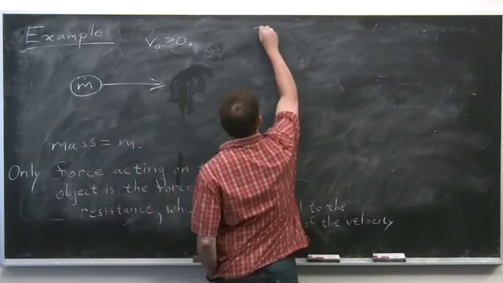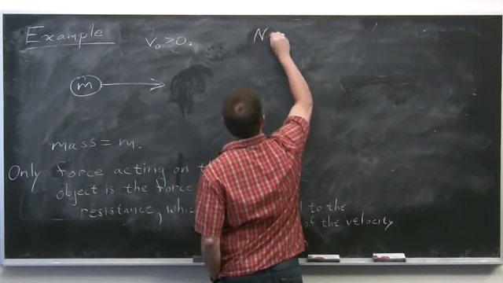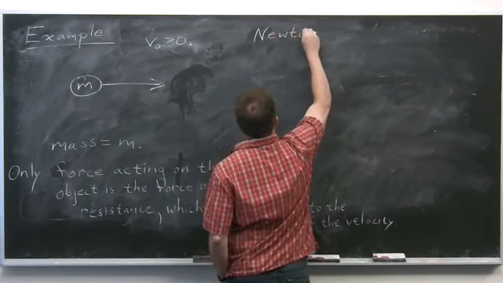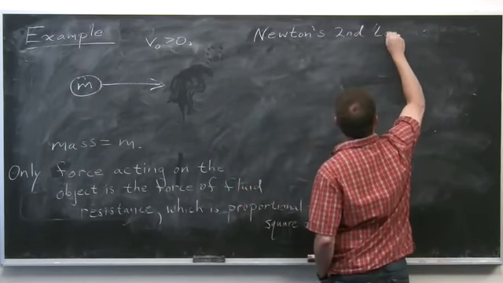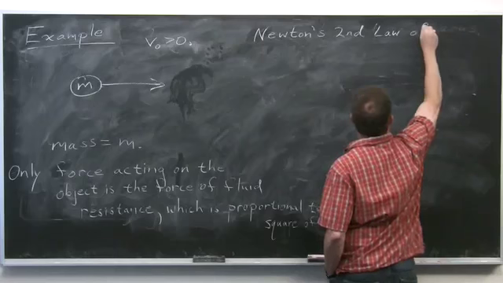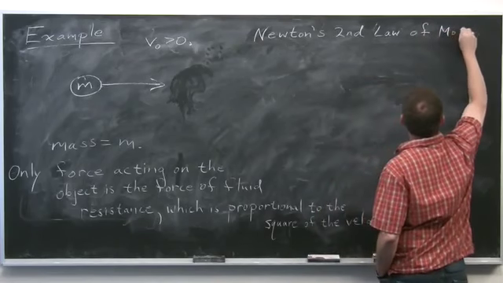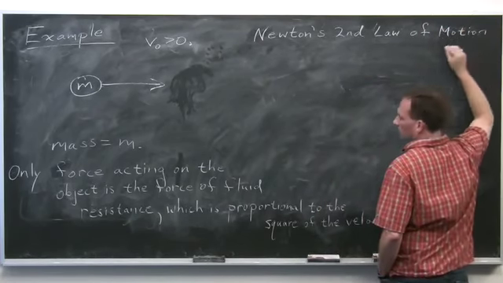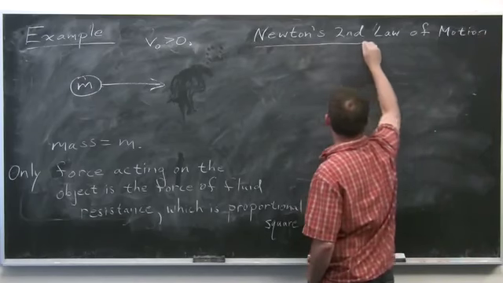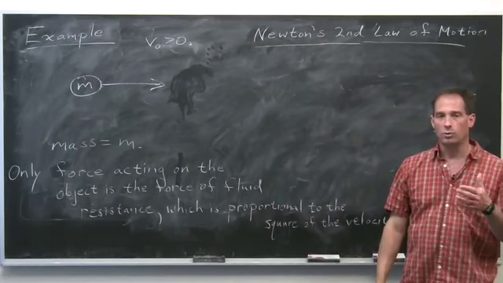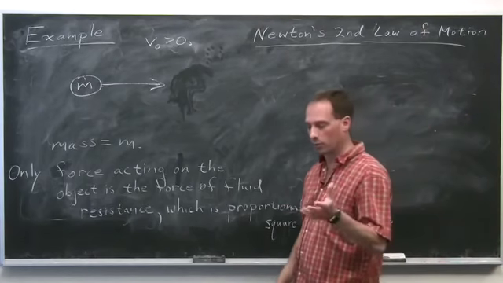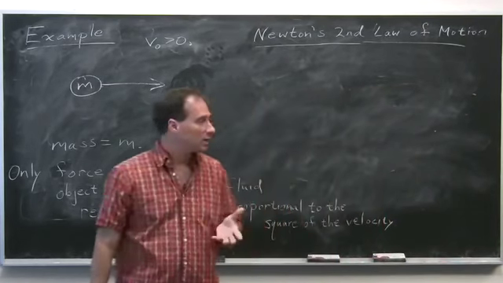Well, we use Newton's second law of motion, which says that the sum of the forces acting on an object, and we're assuming that's only the force of resistance, equals the rate of change of the momentum, but we're assuming the mass is not changing.